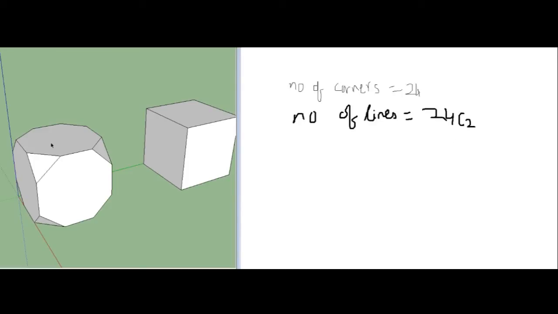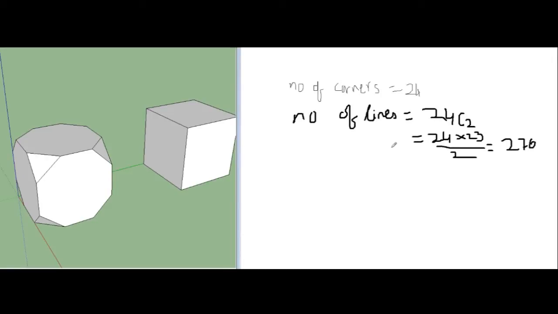If you join any 2 points, you get a line. So the number of lines is 24C2, because you have 24 points. That is 24 into 23 divided by 2, which is 23 into 12, that is 230 plus 46. You have a total of 276 lines.